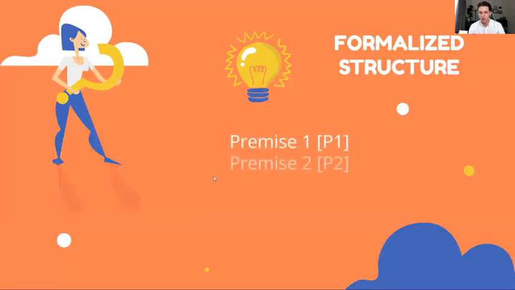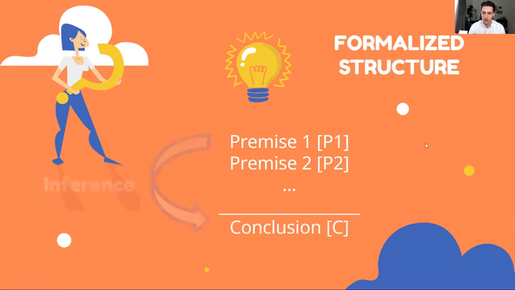This is why we've presented arguments in standard form in class and in the discussion. We typically list the premises in order and then the conclusion at the bottom, oftentimes with a single horizontal line. And the inference is the reasoning process by which we go from the reasons to the conclusion.